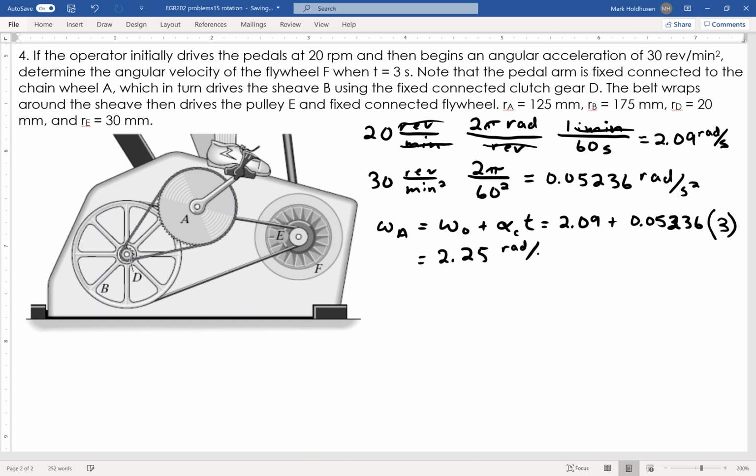Now I've got a series of chains and belts that I'm going to treat just like gear ratios, because that chain has the same velocity anywhere along it, just like that belt does.